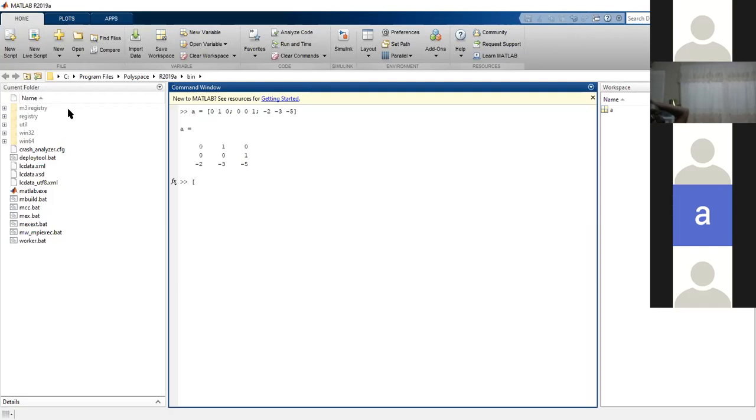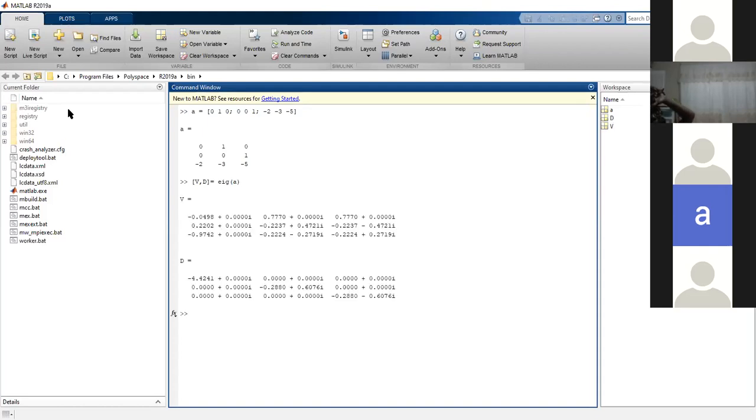I put for this capital V, capital D, equal eig A. All right.